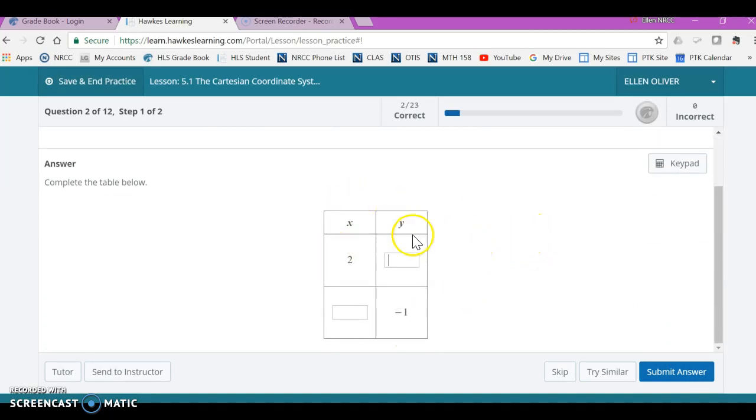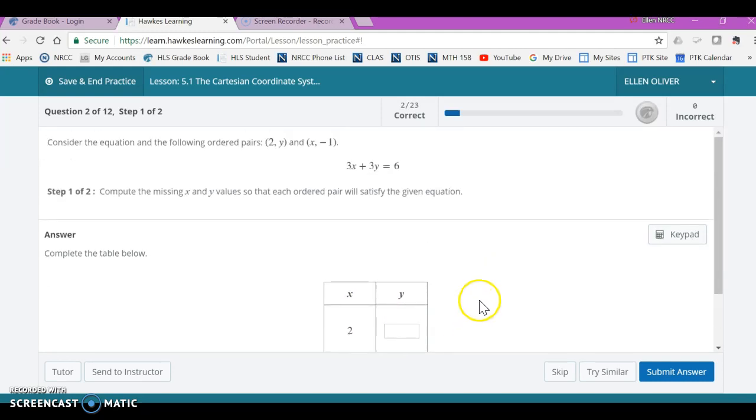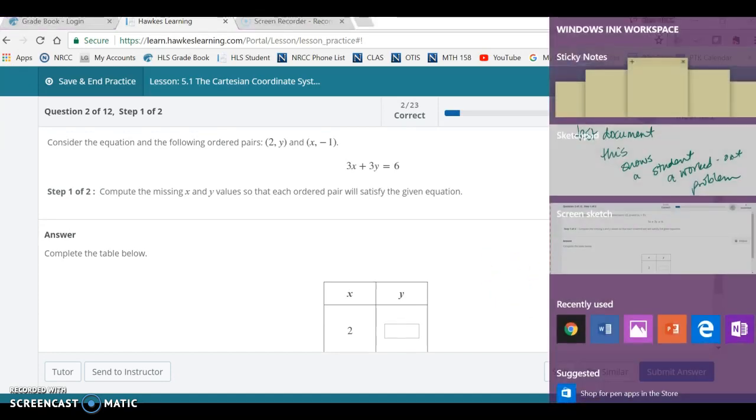This one, their charts look like a box. My charts are going to look like a T-chart, and I can't really get this all in the same screen. Let's see. 3x plus 3y equals 6. So I'm going to write it here.